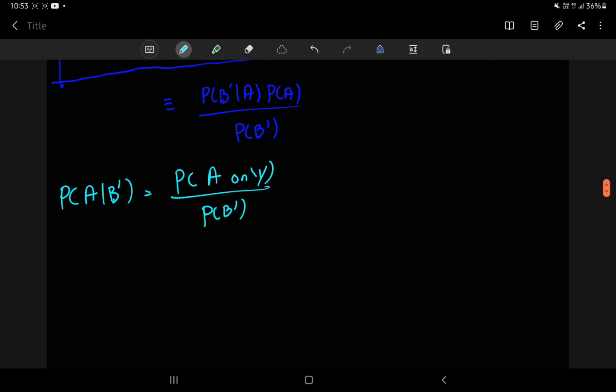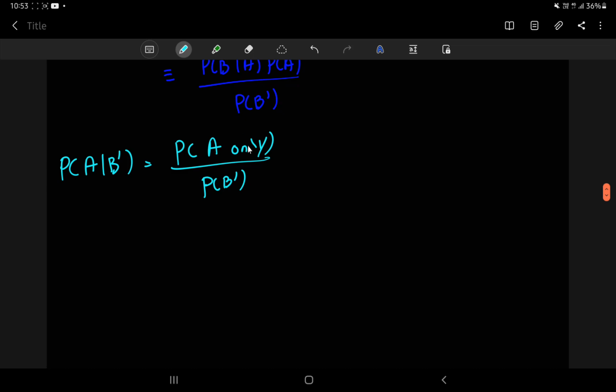And we know that the complement of B is basically 1 minus P(B). That's the same thing. So what is A only? A only is basically the probability of A minus the probability of A intersection B.